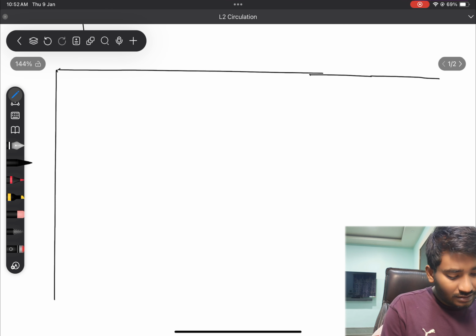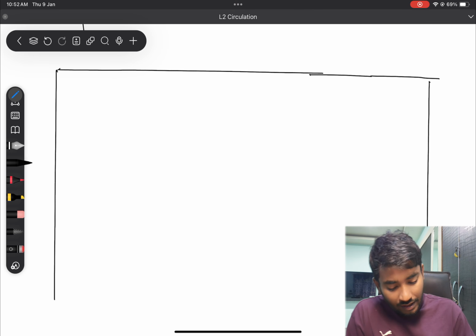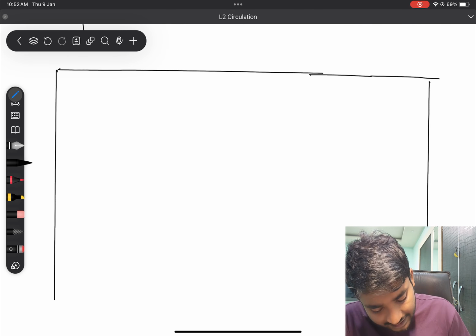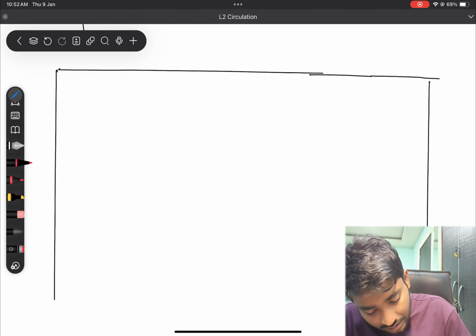Here we can write characteristics, make the columns.